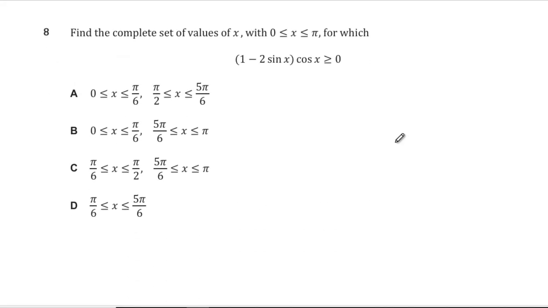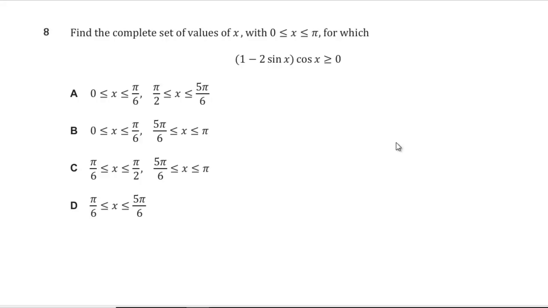Find the complete set of values of x with x in the range 0 to pi inclusive, for which that is positive. Right, okay, this should be a bit easier then, I think. So we either want both of them to be, I mean, they're given so few numbers here. Anyway, we either want them both positive or both negative.